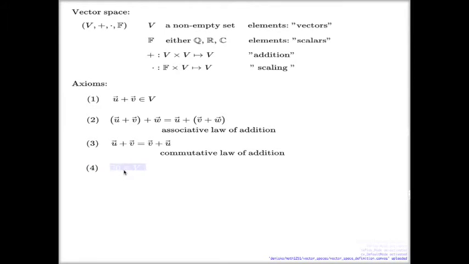The fourth one says there must be in this set V, which you propose to be a vector space, a special element which you call the zero vector. The distinguished property of this zero vector is this: whenever you add this vector to any other element of your vector space, that doesn't change anything. That's the distinguished property of a zero.